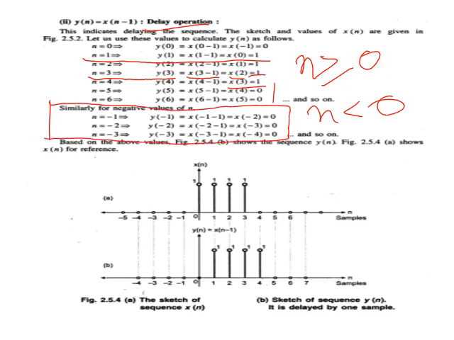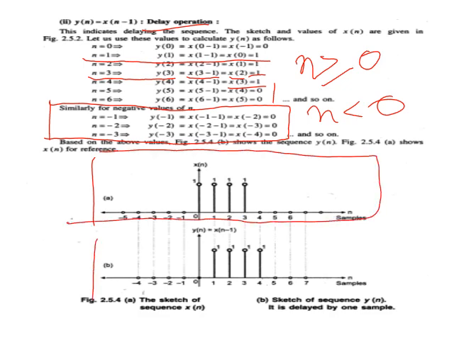Okay, this is the original signal and this is the shifted signal. Simply, what you observe when we perform the delay operation is that the signal shifts forward.